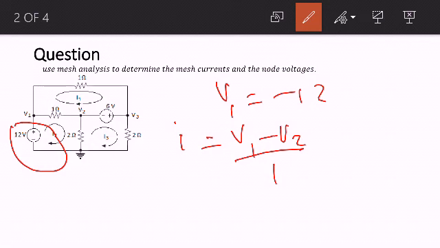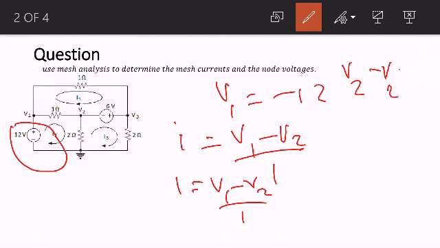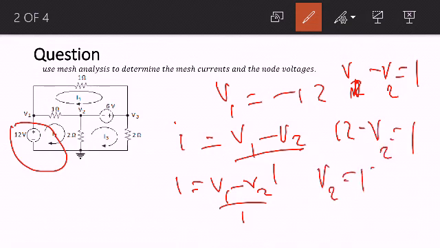The current is 1, so 1 equals V1 minus V2 over 1. That gives us V1 minus V2 equal to 1, and V1 from what we saw here is 12, so 12 minus V2 equals 1. So that means V2 is equal to 12 minus 1, which is equal to 11.